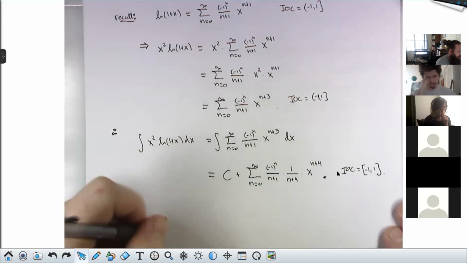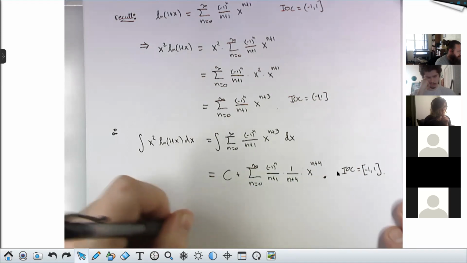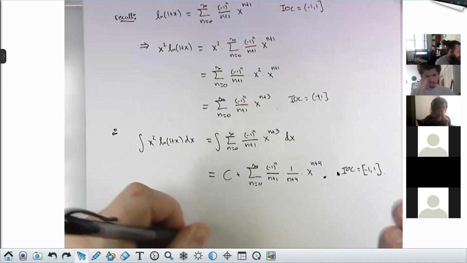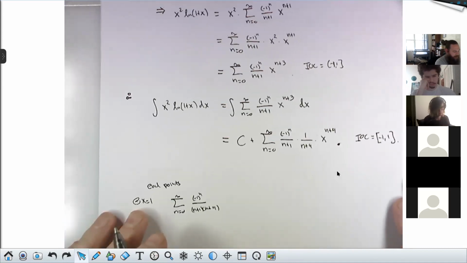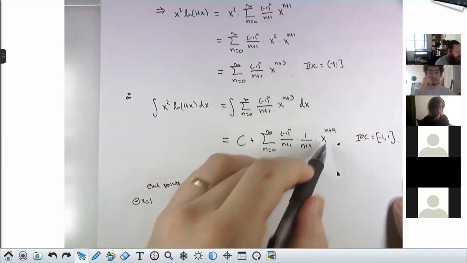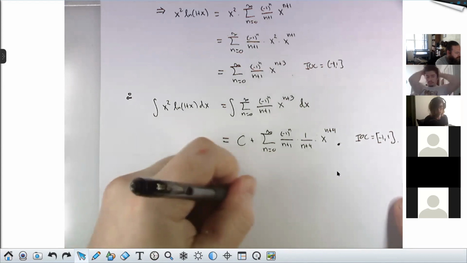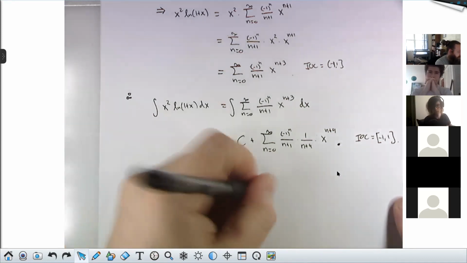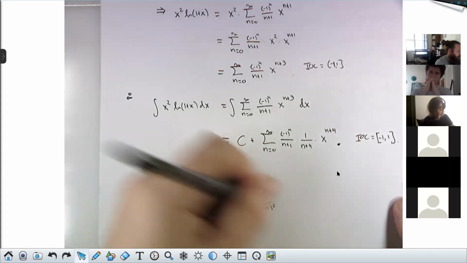I'm going to ignore the c here. We have sigma n from 0 to infinity, -1 to the n over n plus 1 times n plus 4. If you'll excuse me being a little bit sloppy, the 1 to the n plus 4 is gone because it's just 1. This is a lot like sigma n from 0 to infinity, -1 to the n over n plus 1 squared.